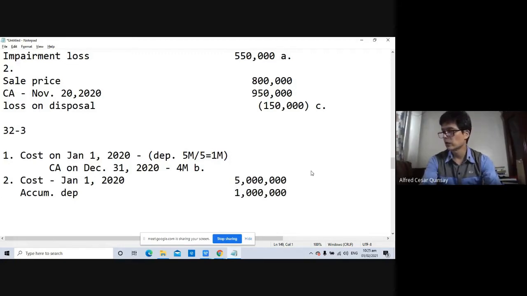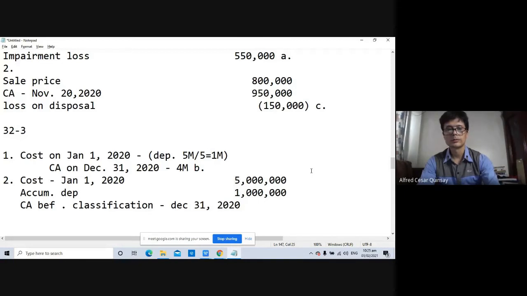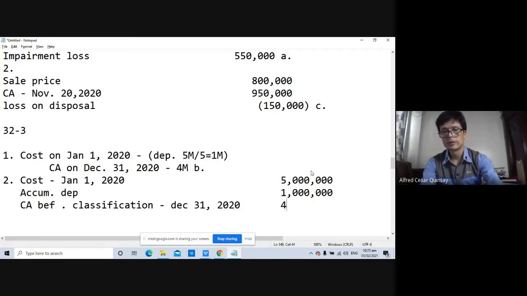Okay, so therefore, ang kanyang carrying amount niya before classification to held for sale, okay, on December 31, 2020. Okay, so this is for magkano yun? This 4 million, no? 4 million. Yan. So after that, yung fair value less cost of disposal. So i-less natin yung fair value less cost of disposal.